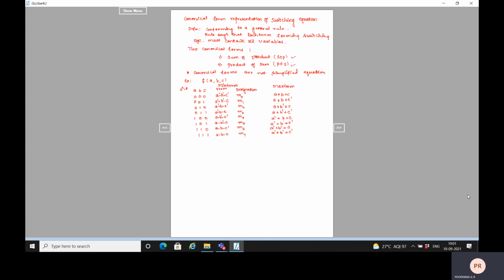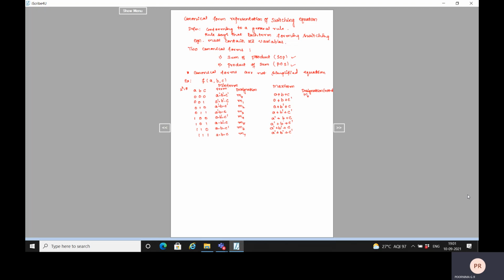Then the general notation, or designation, for a max term: what will be used? It is a capital M letter that we will be using to represent the max term.